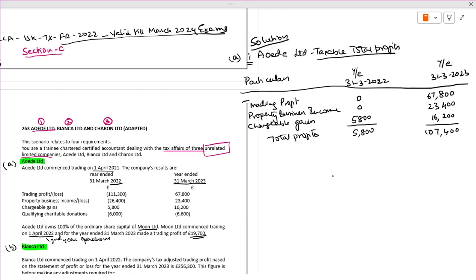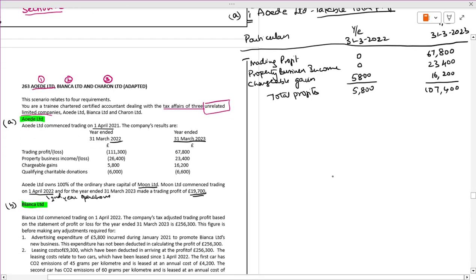Now there is a loss. Is it right? How much is the loss? The trading loss is 5,800. We can recover the loss in the year itself.